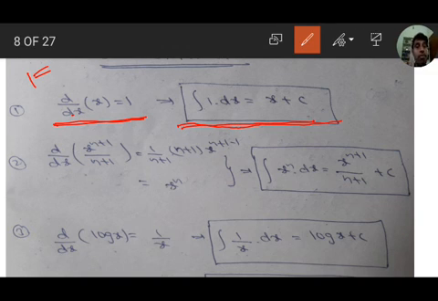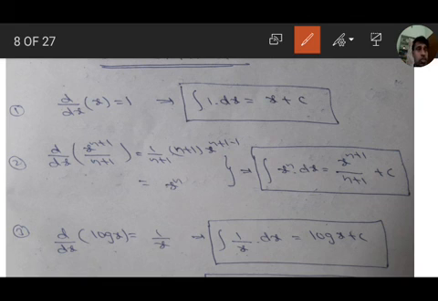Therefore, derivative of x equal to 1, so integration of 1 dx equal to x plus c. Like this we have to write all the formulas. First one, integration of 1 into dx is x plus c.